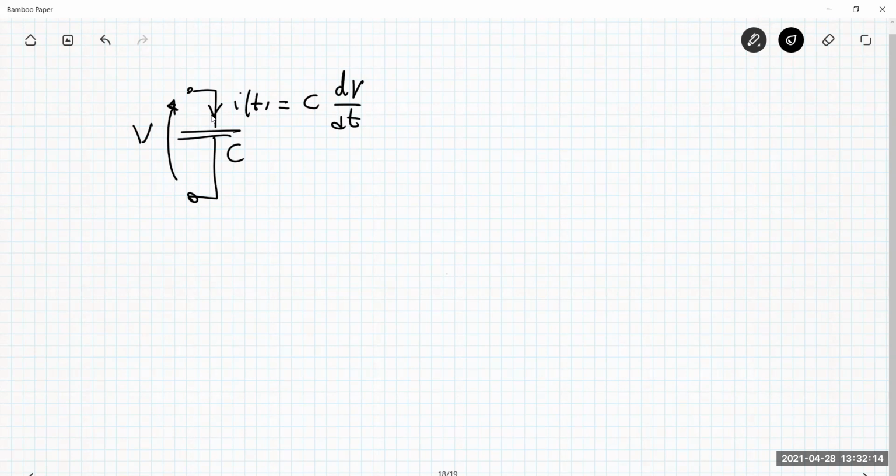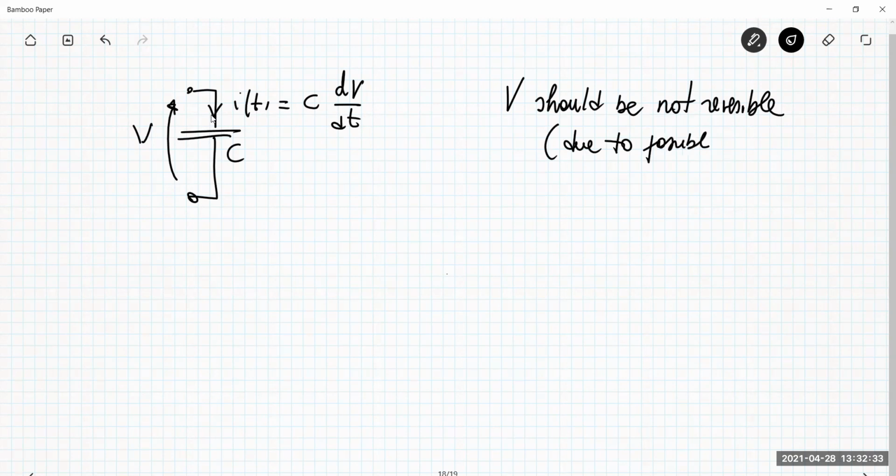So V should be not reversible, due to possible depoling effects.